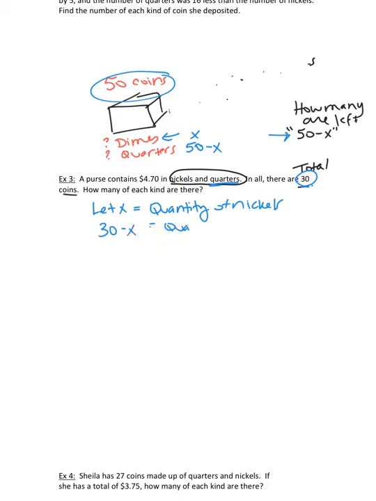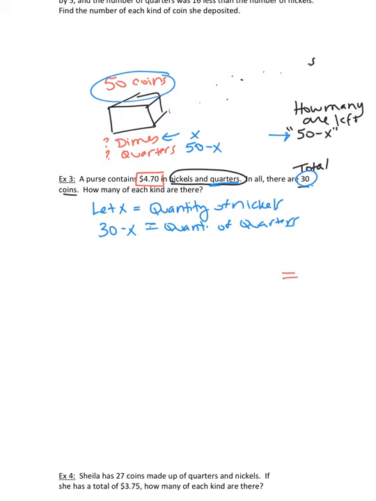Now you could have let X be the quantity of quarters, and then 30 minus X would have been the quantity of nickels. You can switch that around and it's going to give you the same result. Remember from yesterday that this is quantity. This is just like there's 10 nickels or 8 nickels or 6 quarters. This is not the value of the money.